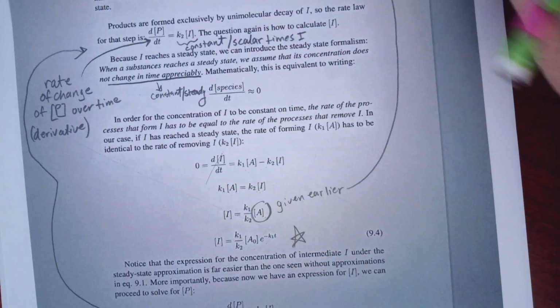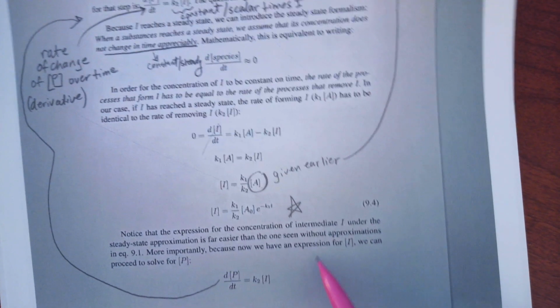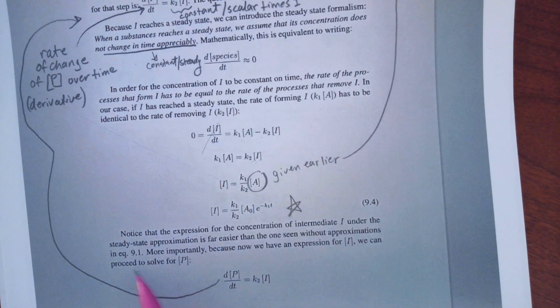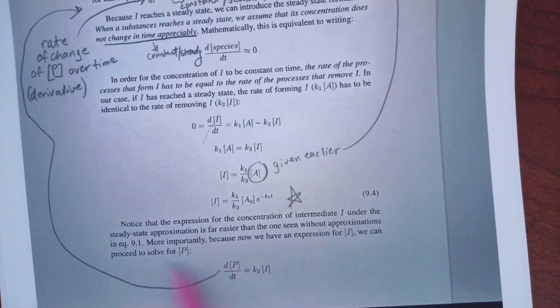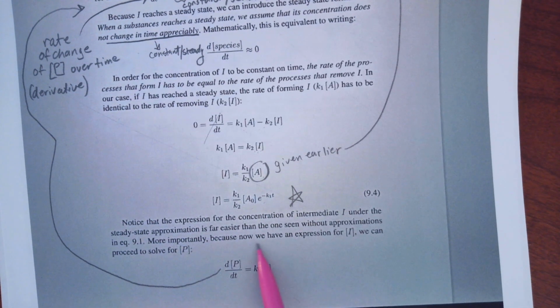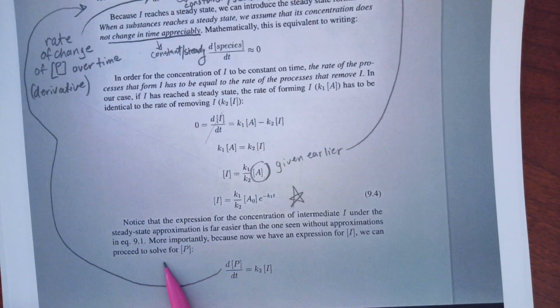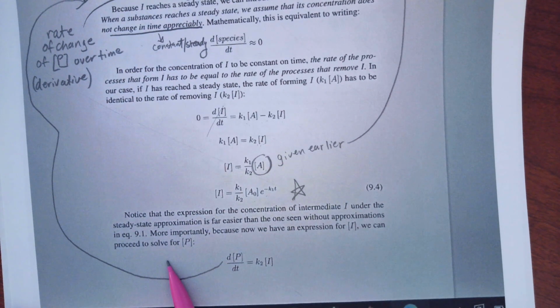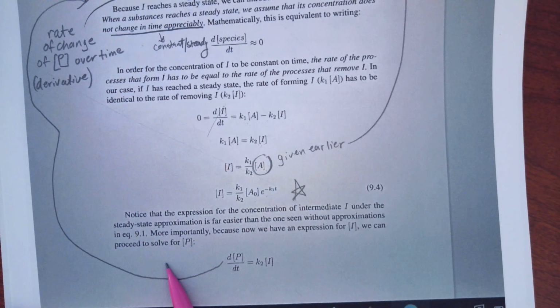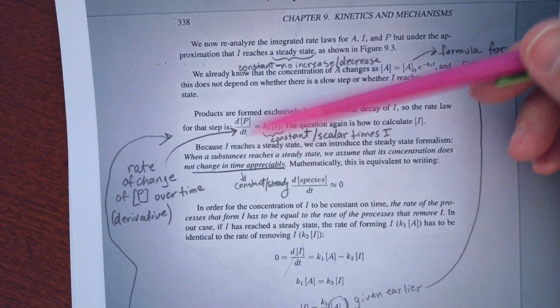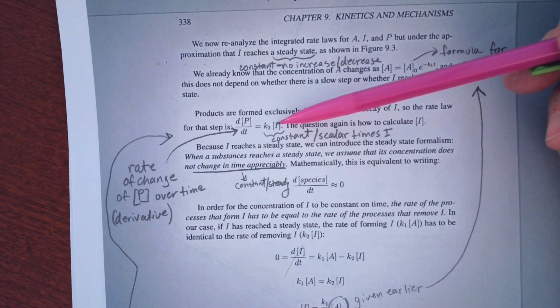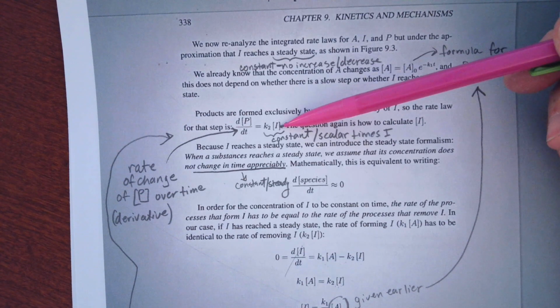All right, so notice that the expression for the concentration of intermediate I under the steady state approximation is far easier than the one seen without approximations in equation 9.1, I guess on the page before. More importantly, because now we have an expression for I, we can proceed to solve for P. So earlier you found out that the derivative of P was K2 times I, all right?